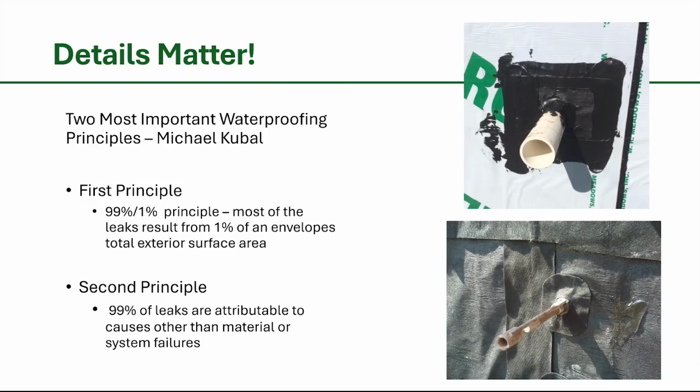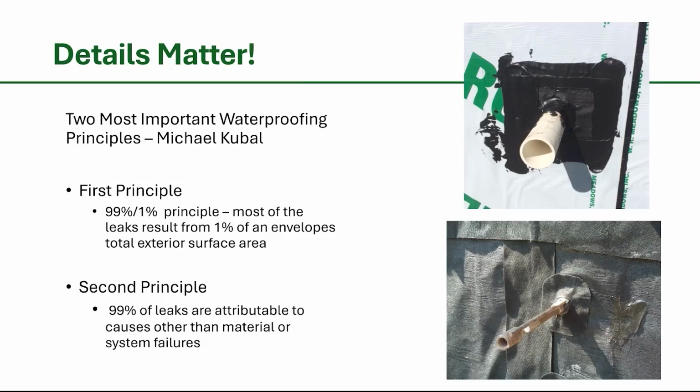So 99%, 1% principle, 99% of the leaks are going to come from 1% of the total surface area of the building. Those are going to be pipe penetrations, other penetrations, and transitions. The second 99% principle is that 99% of the leaks are going to be attributable to causes other than material or system failures.